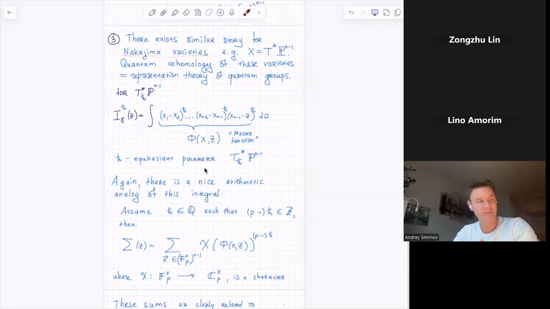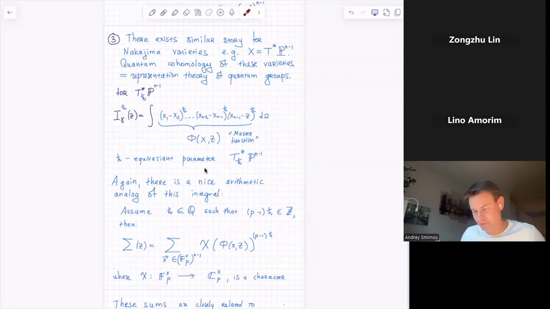It's something slightly more technical, but this is kind of a laboratory in which I do my experiments. So, for instance, the simplest Nakajima variety is the cotangent bundle over projective space. And quantum cohomology of these varieties is closely related to representation theory of quantum groups and so on. And the whole story extends.